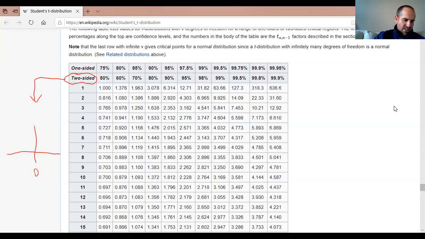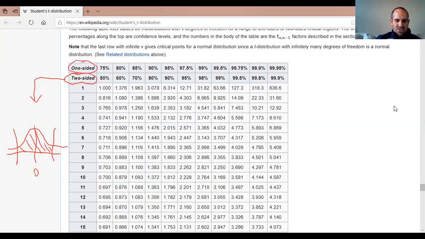Zero is right in the middle, and there's my student t distribution. In essence, what they are giving you is a percentage that's symmetrical about 0 and eliminates the same amount of probability from the two tails. That's what the two-sided situation is doing.